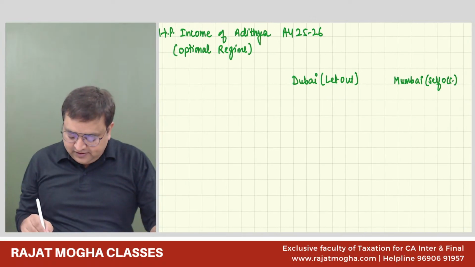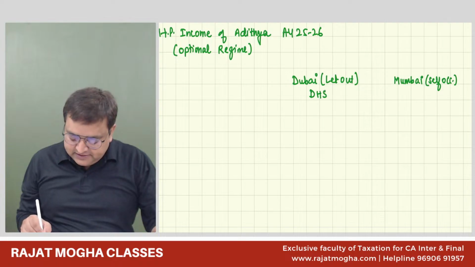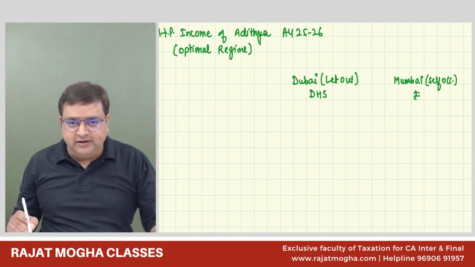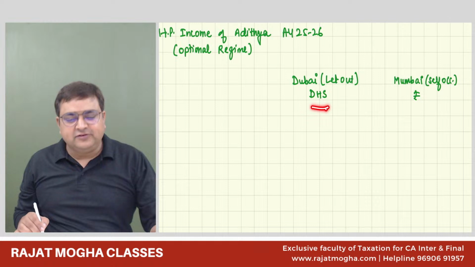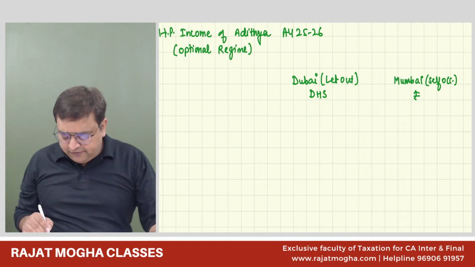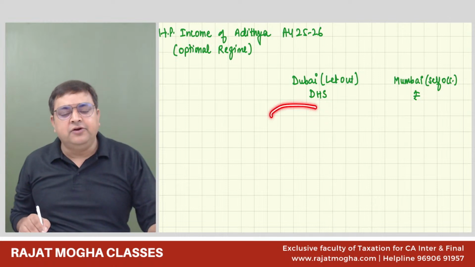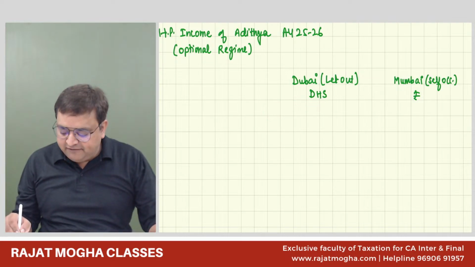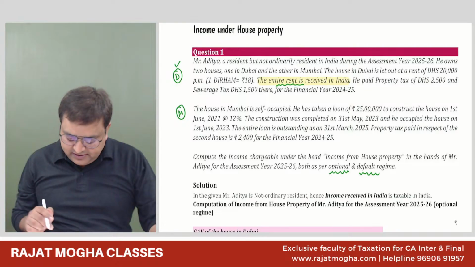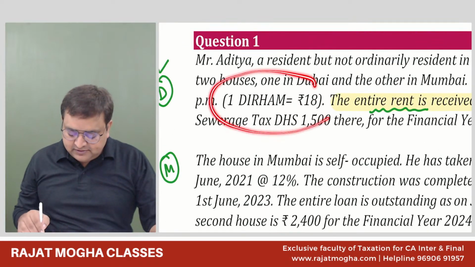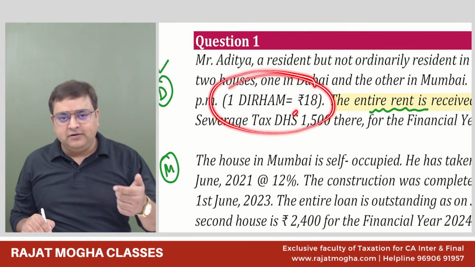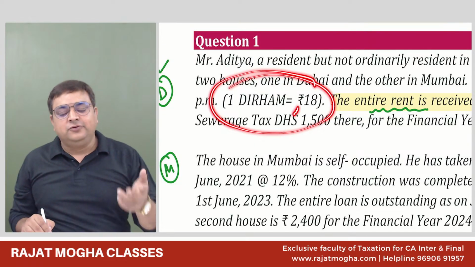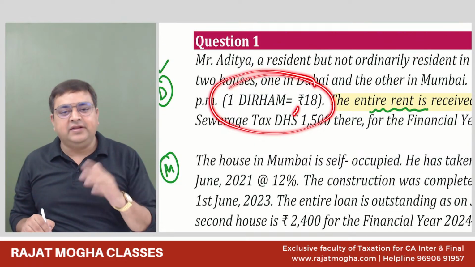For the Dubai house, everything is given in dirhams, DHS. For Mumbai, it is rupees. But first we will calculate in dirhams. If you want, you can directly calculate in rupees, but you have to multiply everything by 18. They have given us that one dirham is equal to 18 rupees. I would not suggest converting everything first.